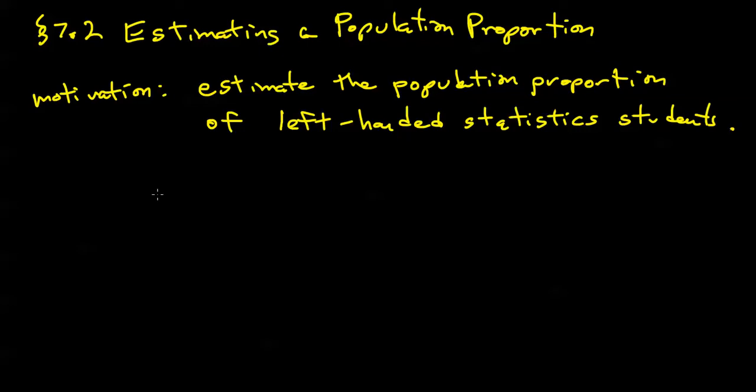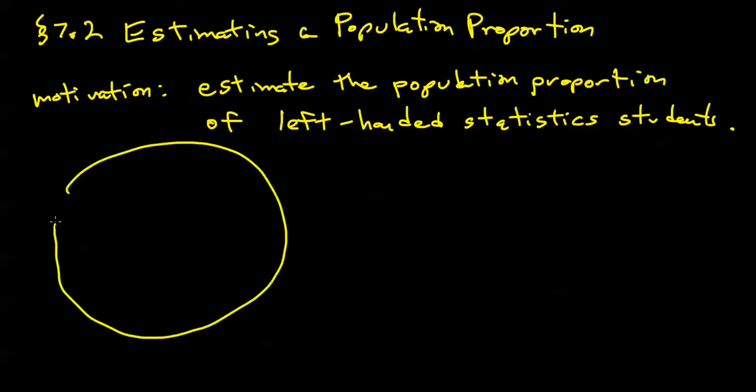Alright, so the idea here is, again, I've got a huge population, including all statistics students in all universities and all of time, and a certain proportion of them is left-handed.